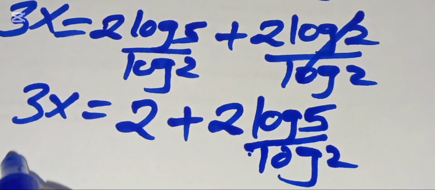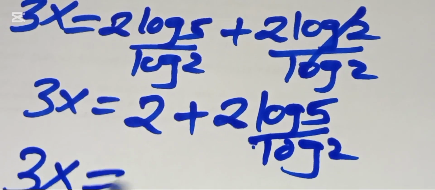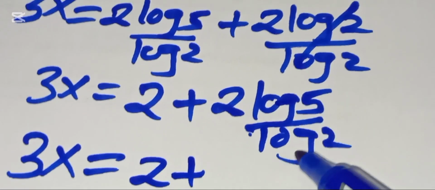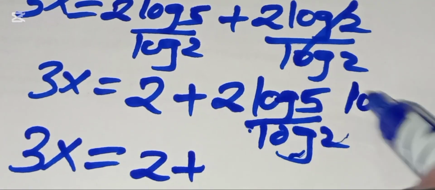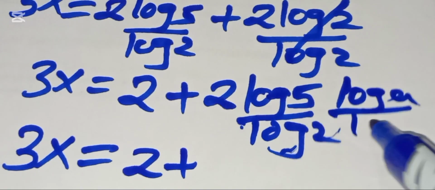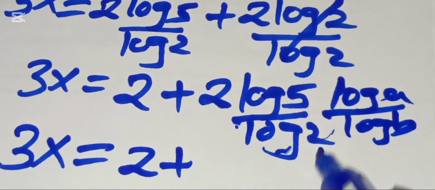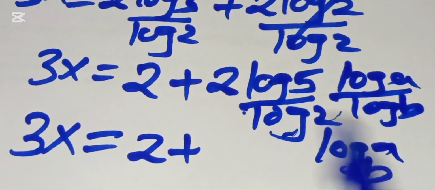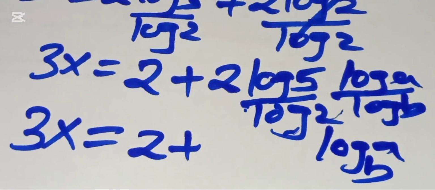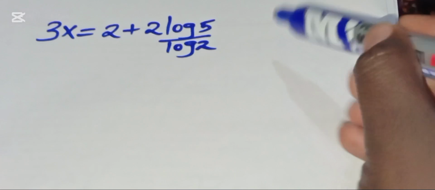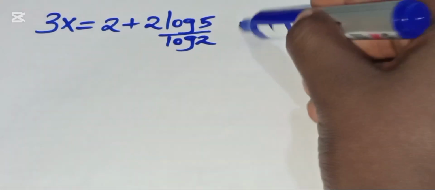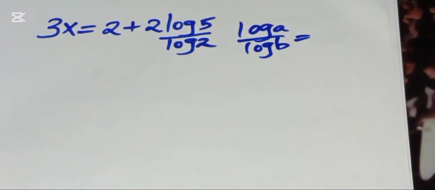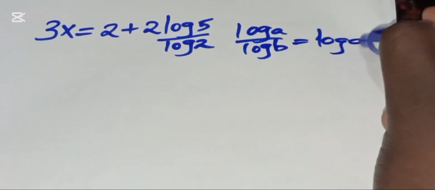Now, 3x is equal to 2 plus log 5 divided by log 2 times 2, and log 5 divided by log 2 is in the form of log a divided by log b, which you can express as log a to base b.